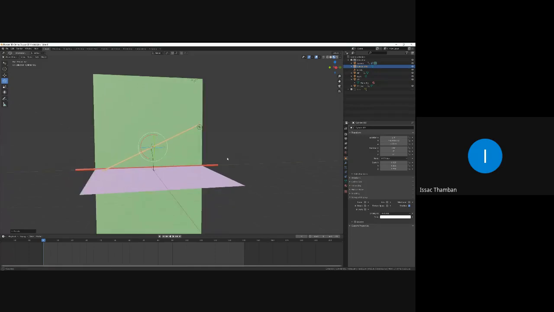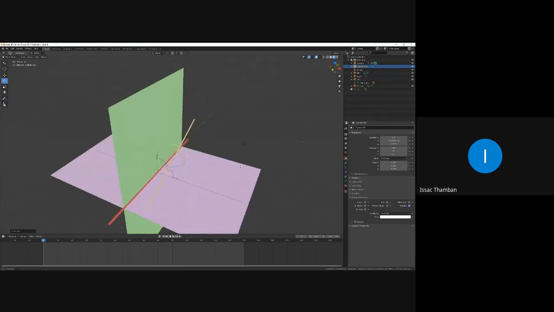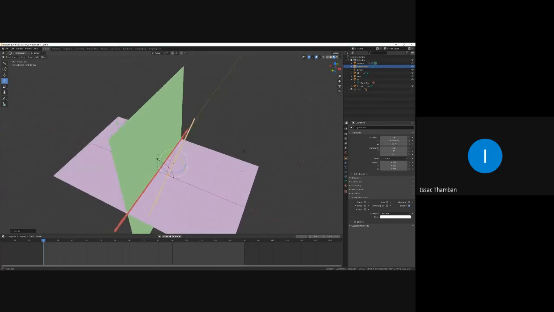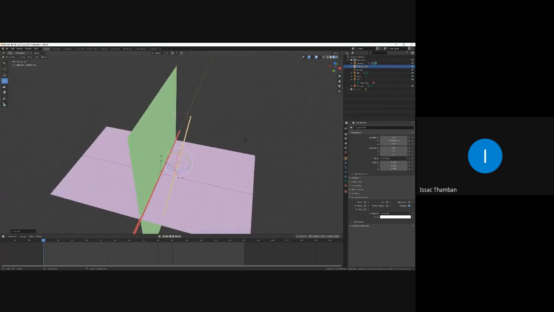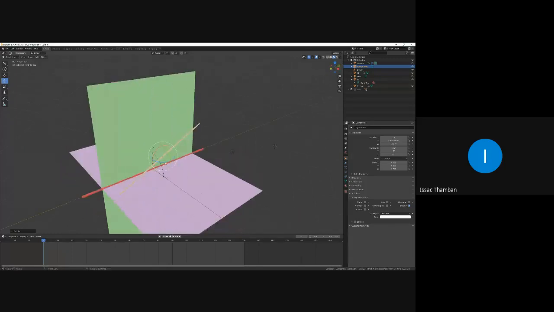Now, in the question it is given that it is inclined to VP by 30 degrees. So we have to tilt the line, pivoting the center point, by 30 degrees with respect to the vertical plane.